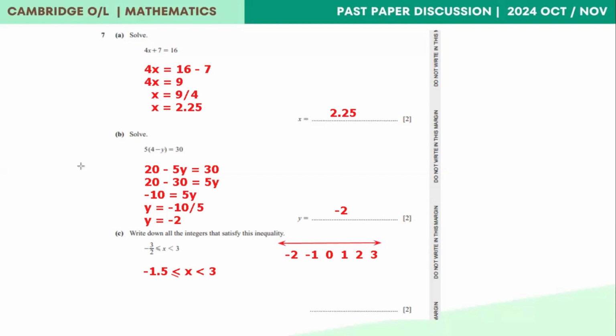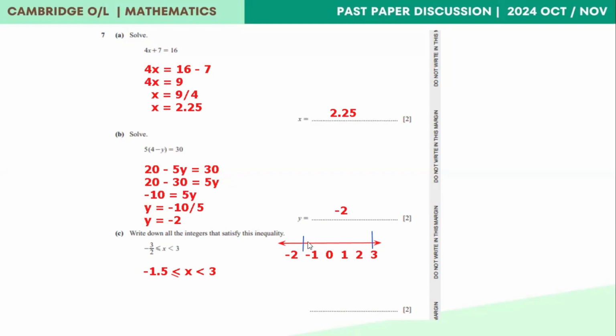So -1.5 is exactly here. So they are asking between -1.5 and 3, write all the integers.